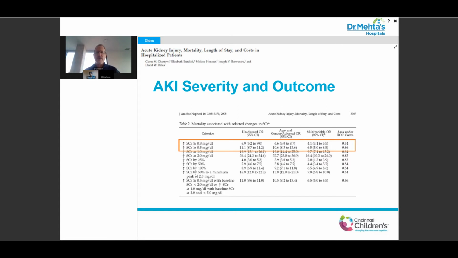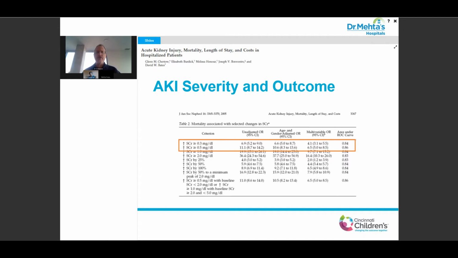What this told us at that time was that a rise of creatinine of 0.3 or greater had a higher association with mortality than any Framingham risk factor at the time. And when you increase the rise in creatinine, say by 0.5 milligrams per deciliter, or when you increase it by 100%, doubling it, you can see a 6 times odds ratio for mortality.